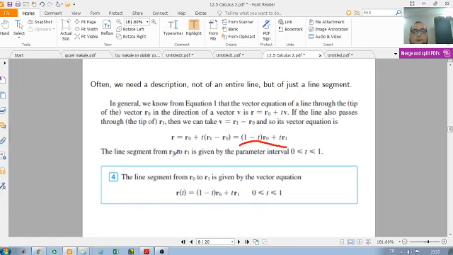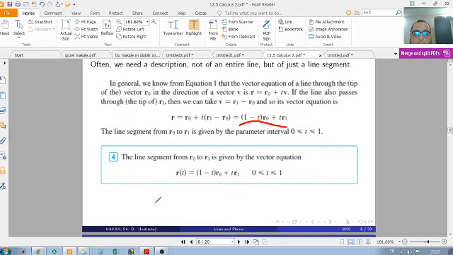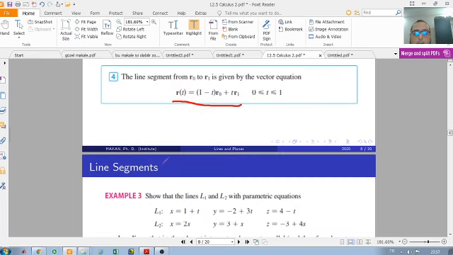The line segment from r0 to r1 is given by the parameter interval by using this representation. The line segment from r0 to r1 is given by the vector equation written here.